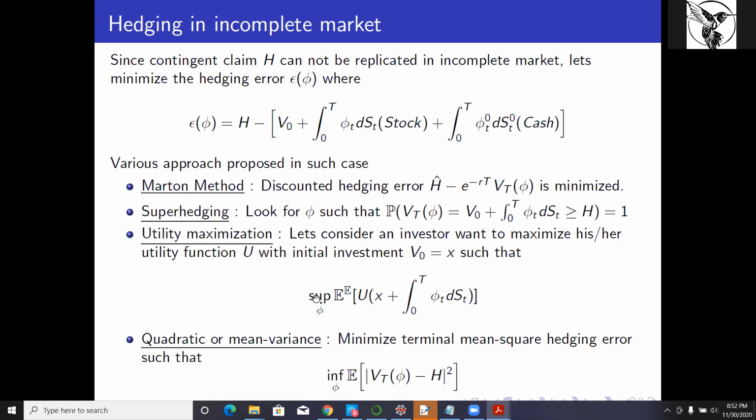The second approach, taken by another set of researchers, is called super hedging. In the super hedging approach, we look for a strategy phi such that the probability that VT phi, the value of this portfolio, which is basically V0 plus this loss and gain, is always greater than H is 1.